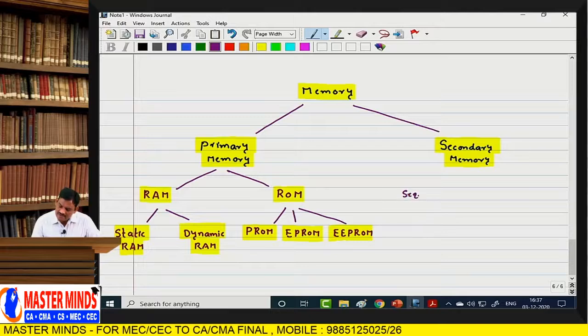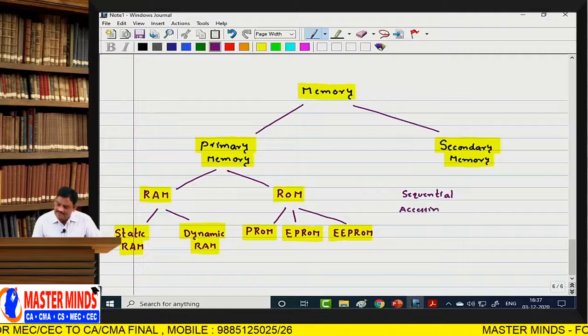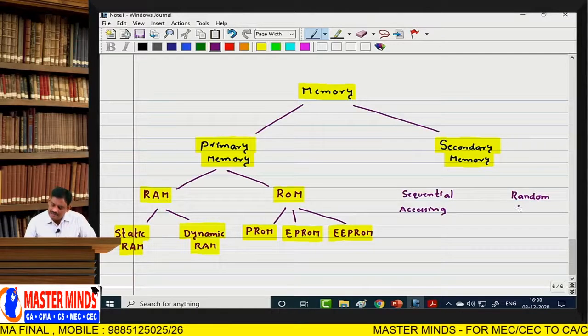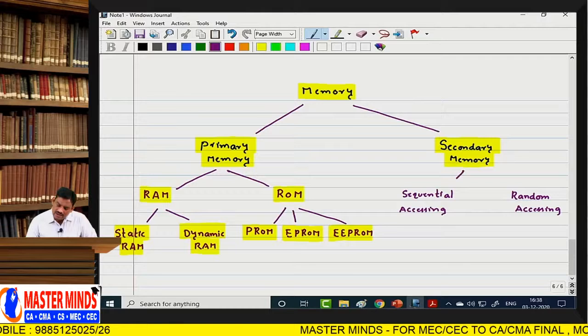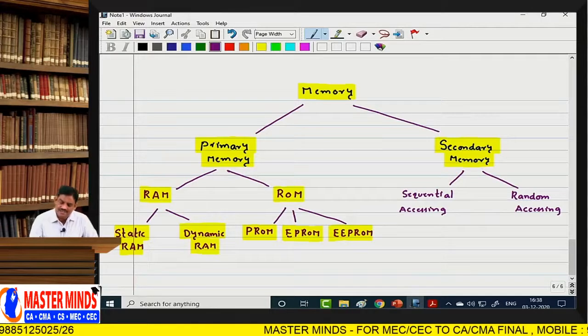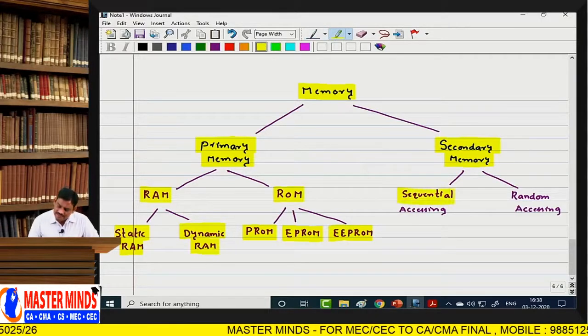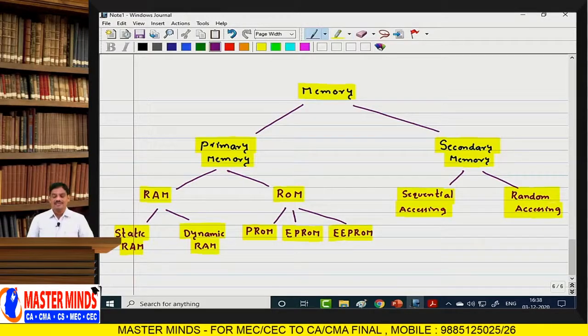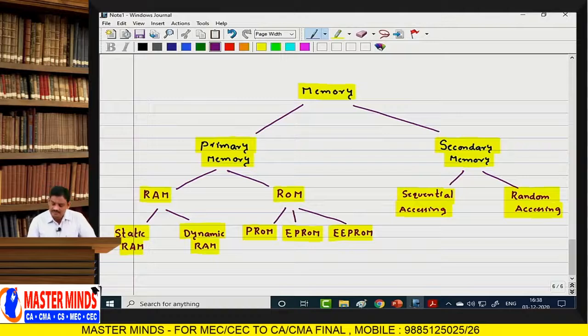Number one is sequential accessing devices. Second category is random accessing devices. Random is also called direct.